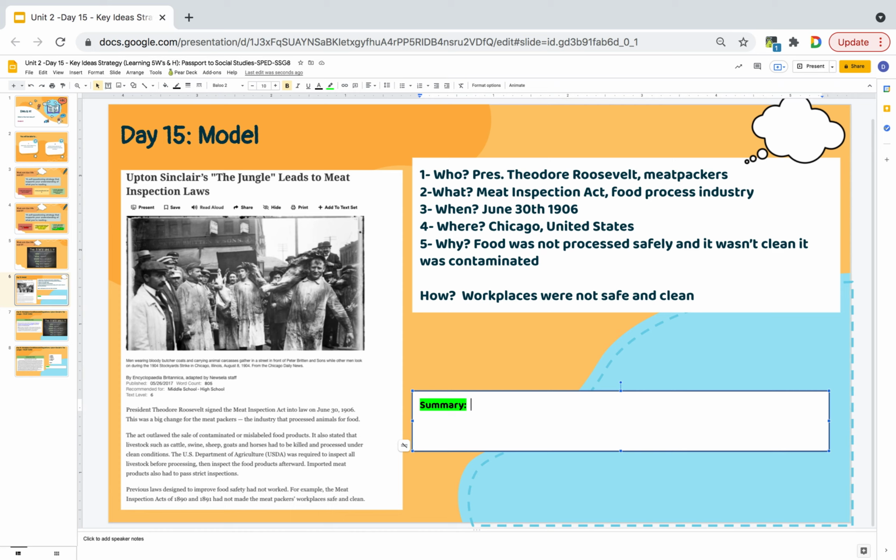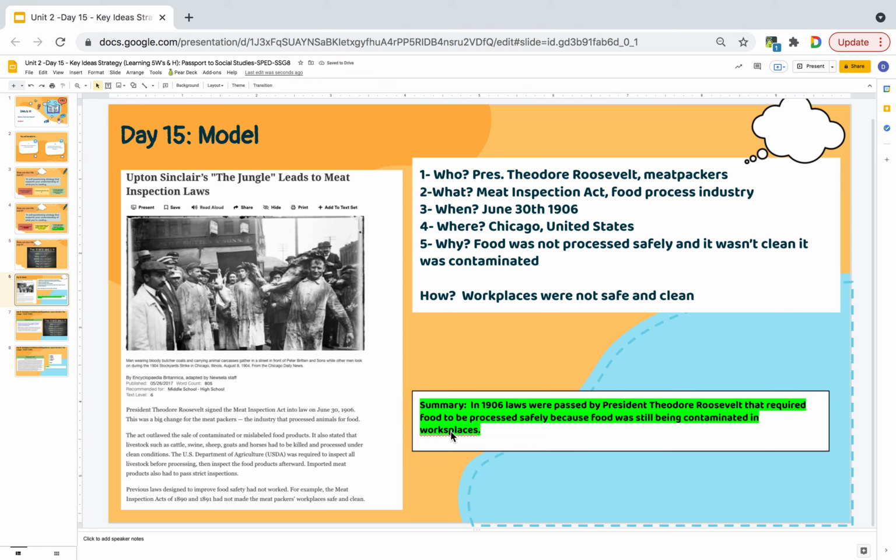So in 1906, laws were passed by President Theodore Roosevelt that required food to be processed safely because food was still being contaminated in workplaces. So just a short summary of what I've read so far.